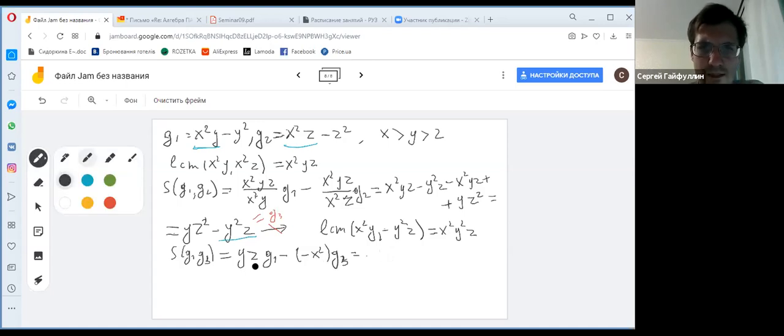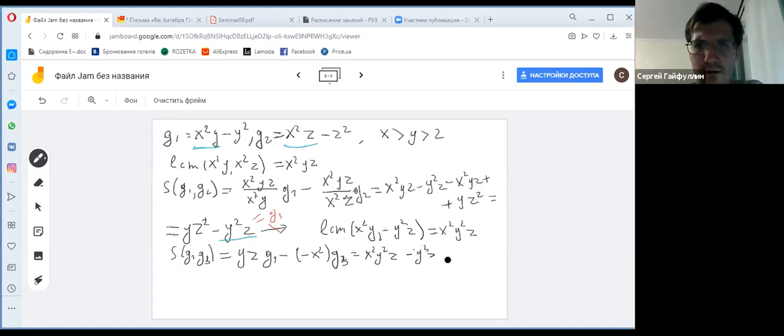Y square z multiplied by g1. This is x square y square z minus y cubed z plus x squared multiplied by g3. So x square y z square and minus x square y square z.